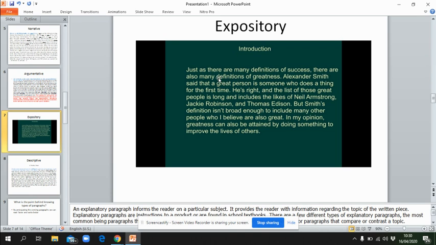The writer only focuses on providing facts and examples. Even if the writer provides his own opinion in this paragraph, this opinion doesn't persuade or force the reader to believe in it. So expository is different from argumentative paragraphs.